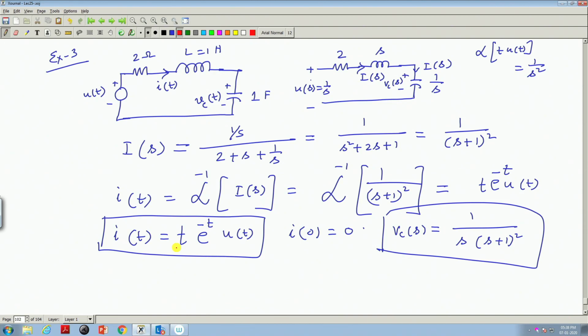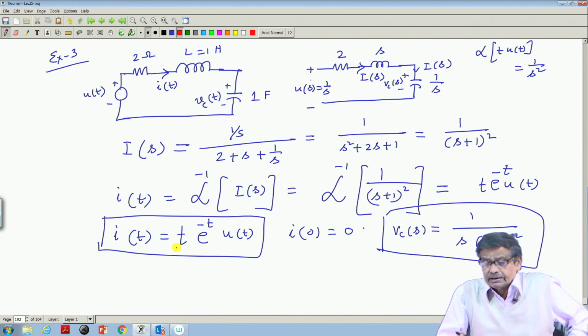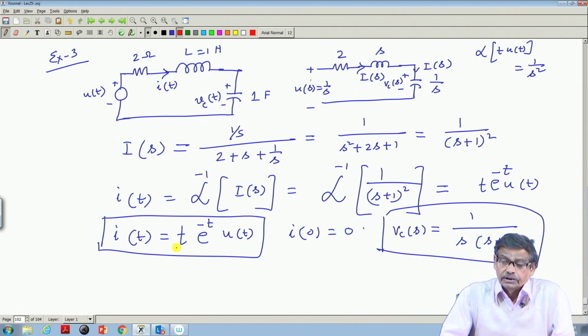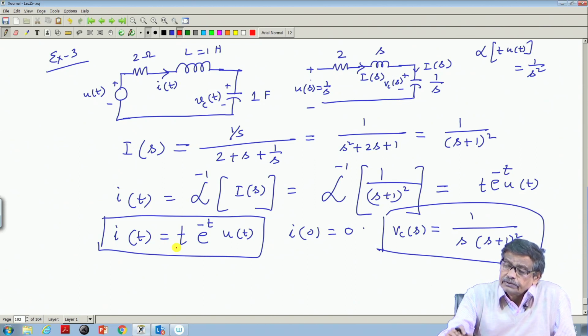So, in this lecture, my primary focus was to tell you that if there are no initial conditions, then you do not even have to write down the differential equation. Straight away redraw the circuit in the s domain and write some general impedance Z(s). So, V(s) by Z(s) is equal to I(s).